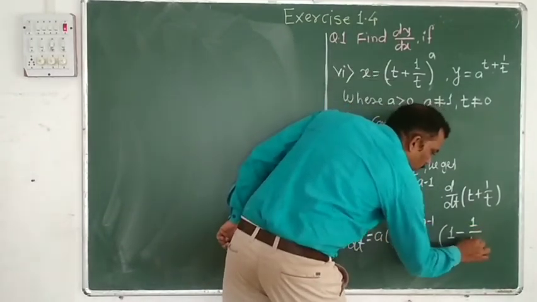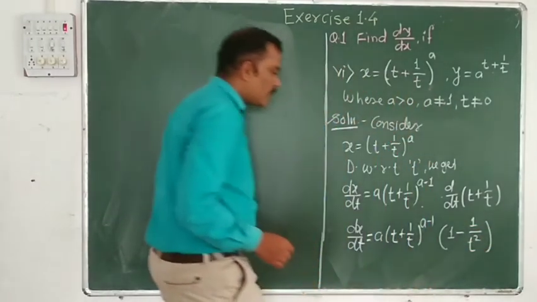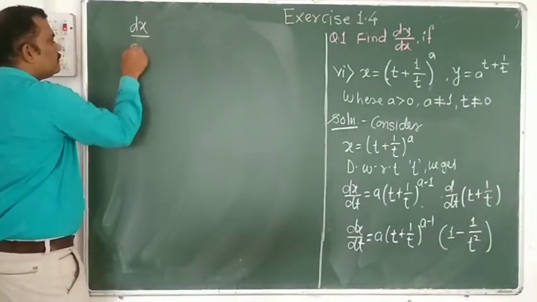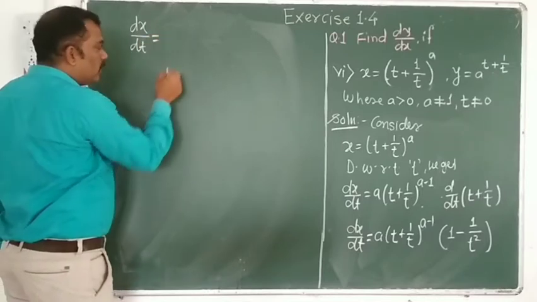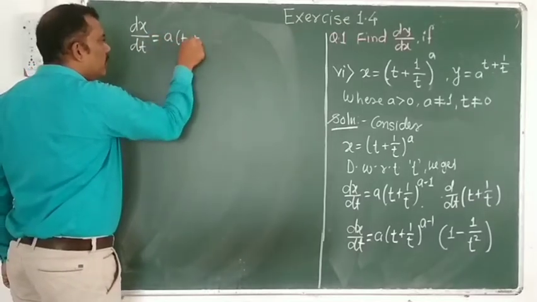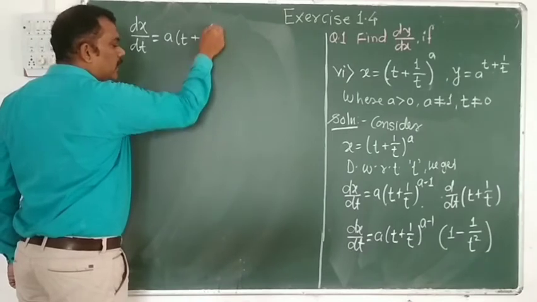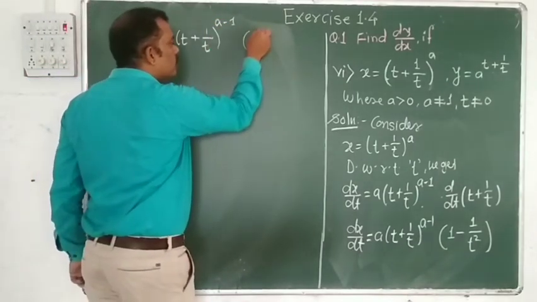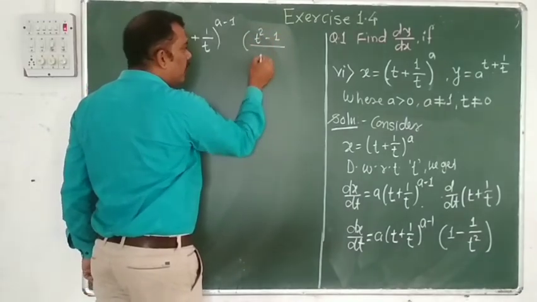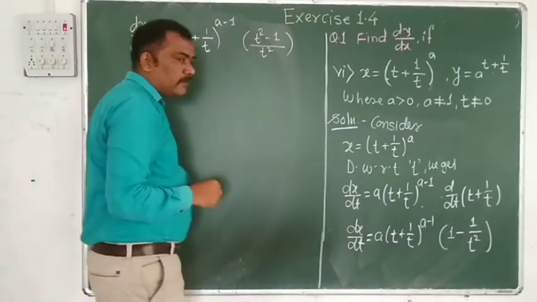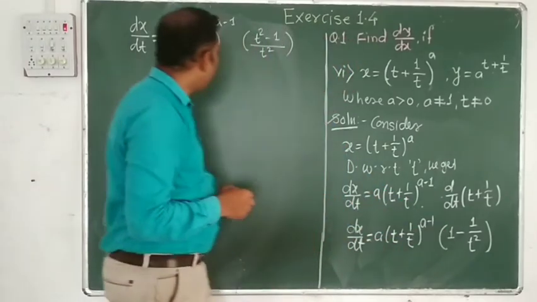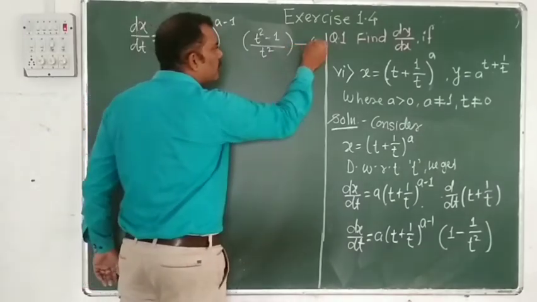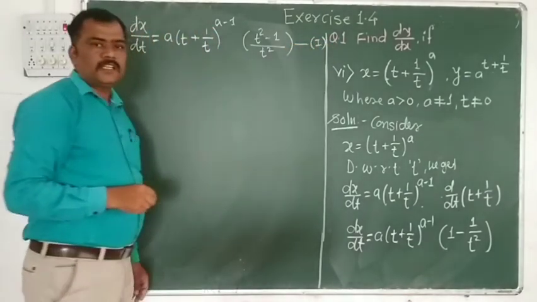So we can write dx by dt is equal to a into (t plus 1 upon t) raised to a minus 1, into (t square minus 1) divided by t square. By equalizing the denominator, this can be simplified like this. Suppose we treat this one as the first.